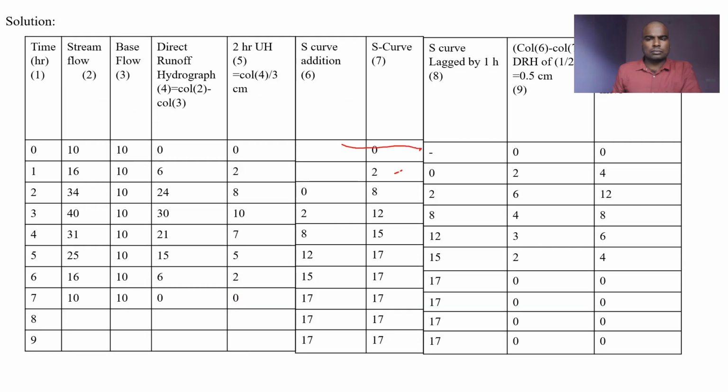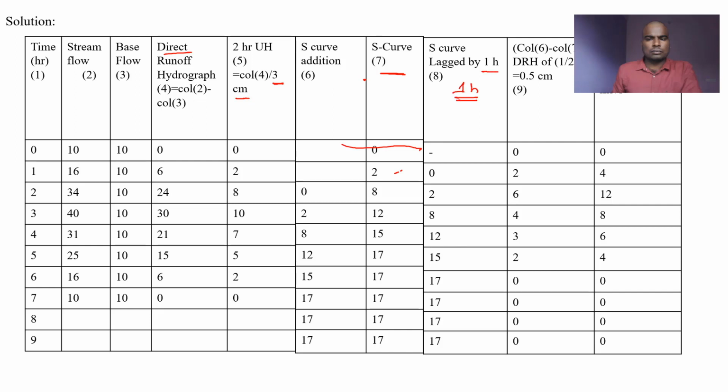So this is the overall summary. First you will calculate the stream flow. Then calculate the direct runoff hydrograph from the stream flow by deducting the base flow. From the direct runoff hydrograph, you will get the 2 hour unit hydrograph by dividing by the excess rainfall depth. From this you will get the S curve, and you will lag the S curve by T hour, nothing but 1 hour here.